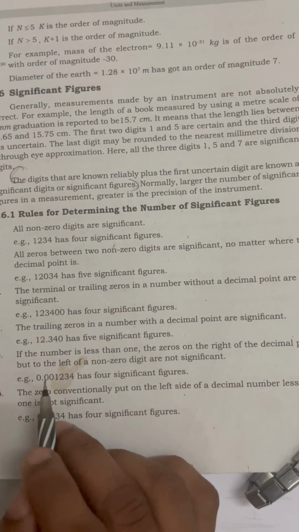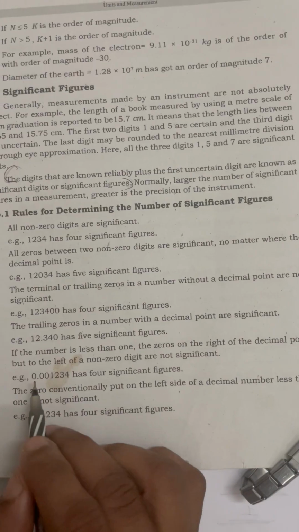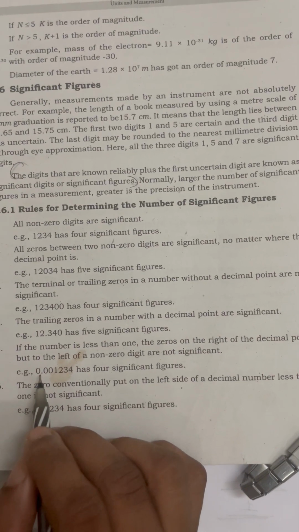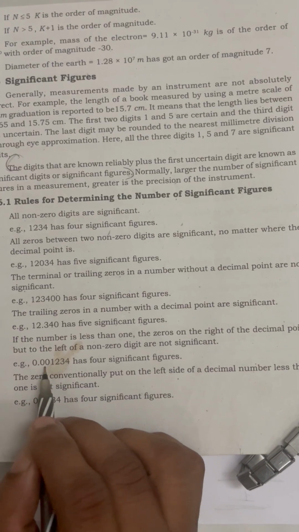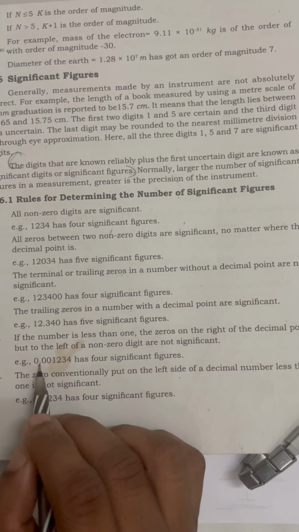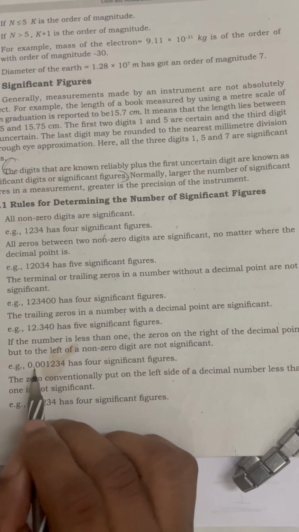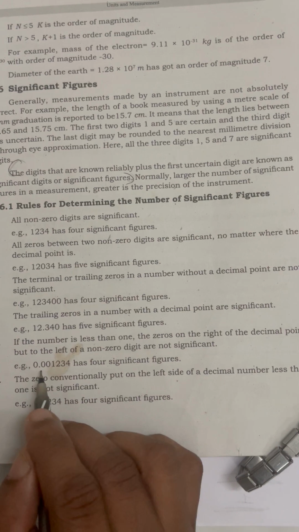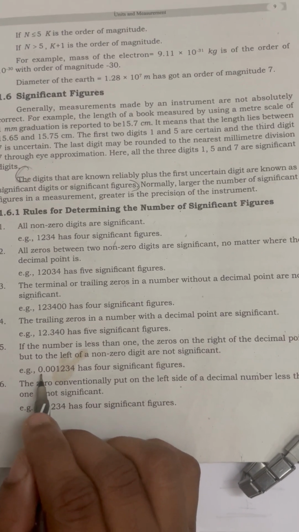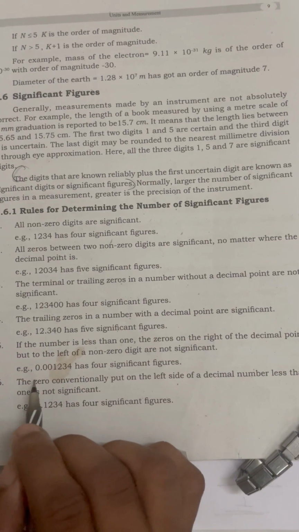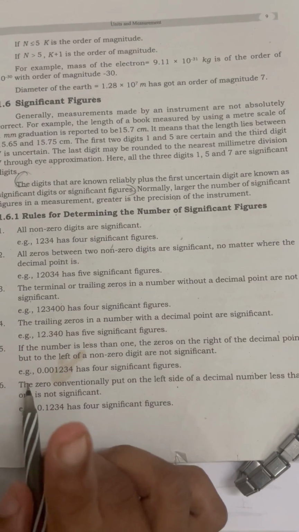In that case, the zeros to the right of the decimal point before the first non-zero digit are not significant, and at the same time the zero on the left side of the decimal is not significant. We study these two as a single rule, rule 6.